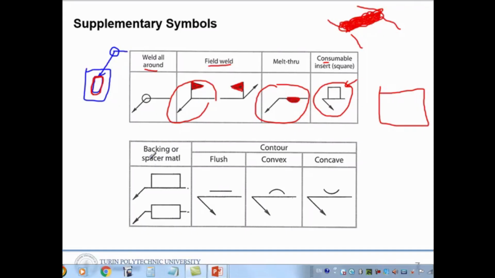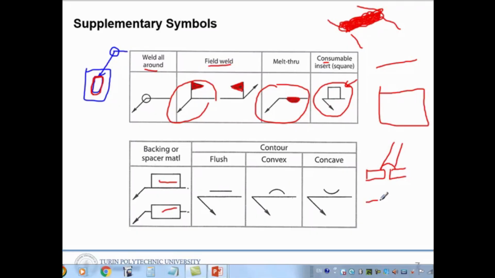And there is a backing or spacer material, like you can write your material inside. And there are two types of the contour showing. So flashing, just flashing, you need to draw like a straight line. If the weldment, the welded area, if you see, okay, so two plates, like the one plate is here like this, and another plate is here like this, and if your welded line is like this, that is convex.